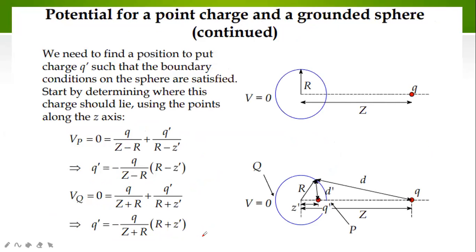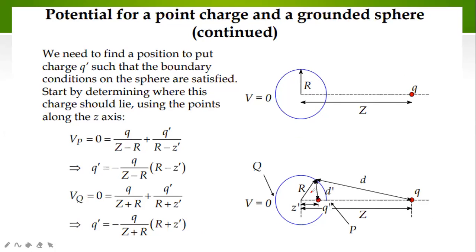The first one, we have to calculate the potential everywhere. Everywhere means at this point P, at the surface, and inside the sphere. There are three regions. Okay, and we will apply some boundary conditions also. So we will modify this problem as this one.